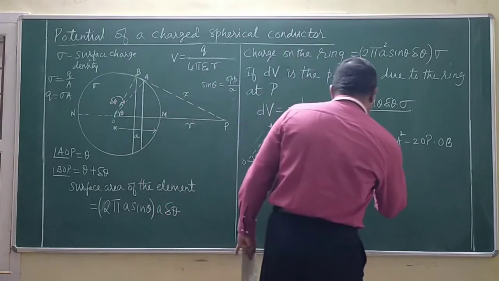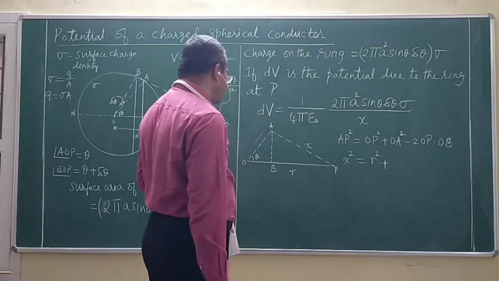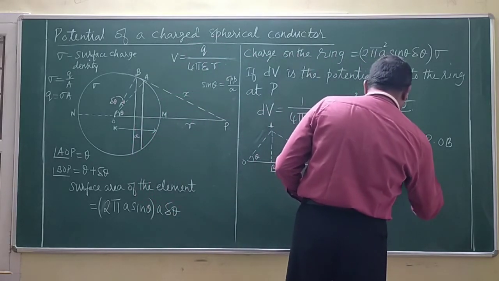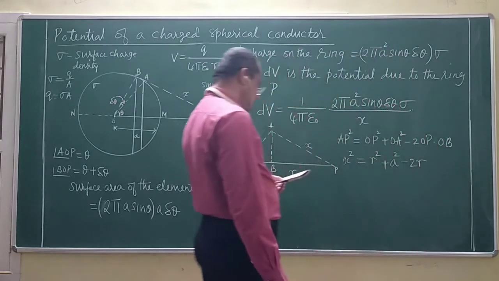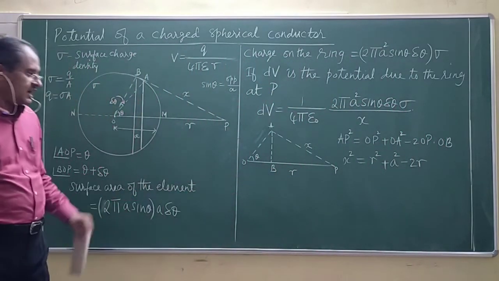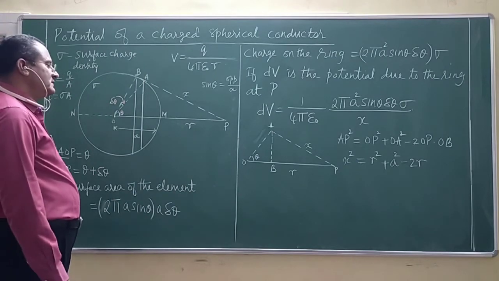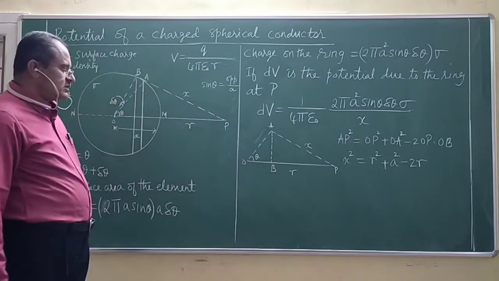OP is r squared. OA is radius a, minus 2, OP is r. I do not know what OB is.